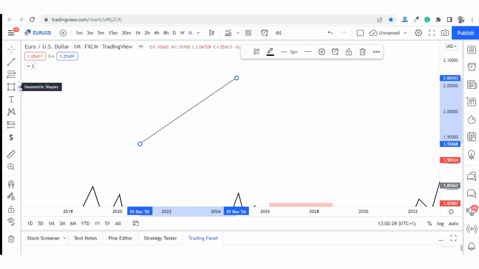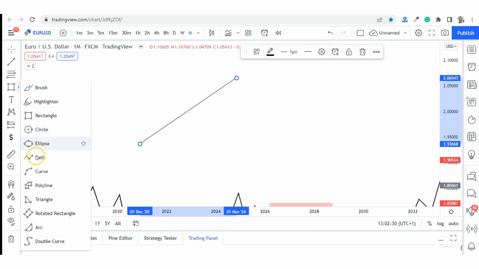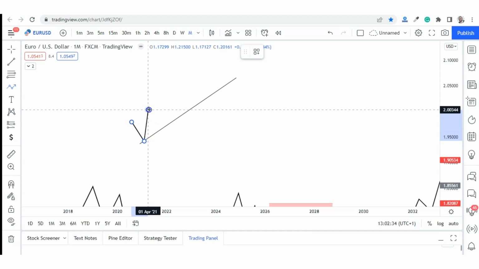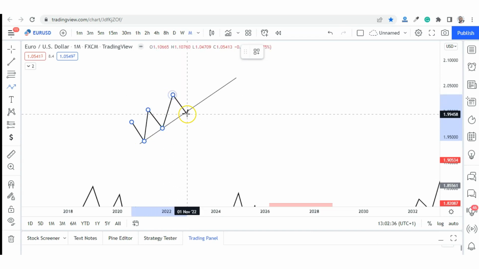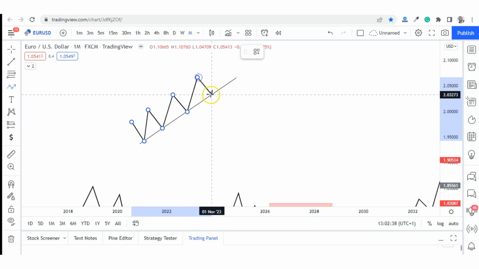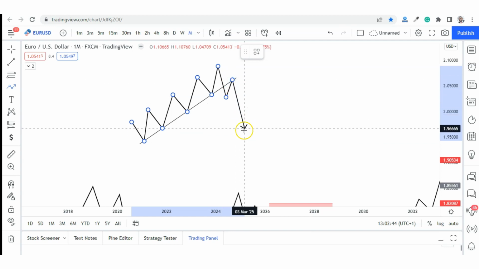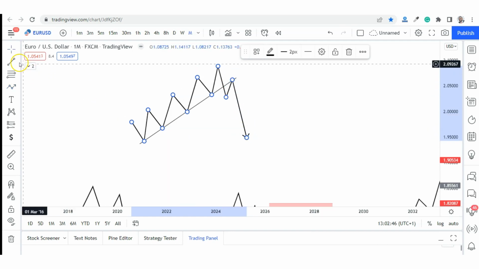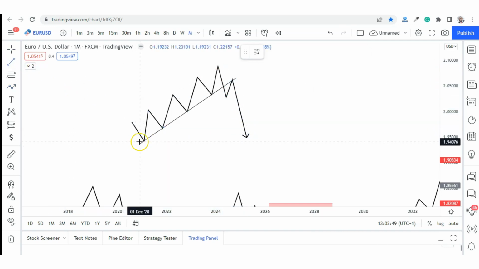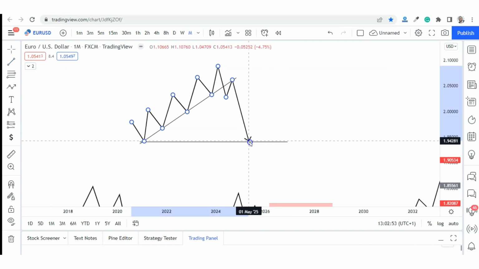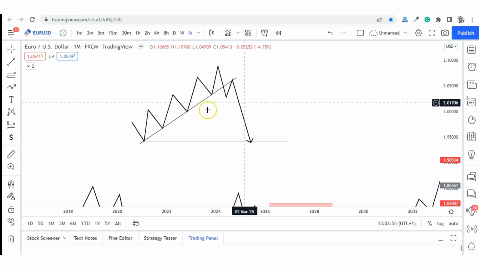Now in Babypips, if you have an upward trend line like this, for example, what they teach is that when price breaks this, wait for the retest, and then your target will be at this low. If I'm wrong, please put it in the comment section. Then I think I'm very correct. I know my drills.